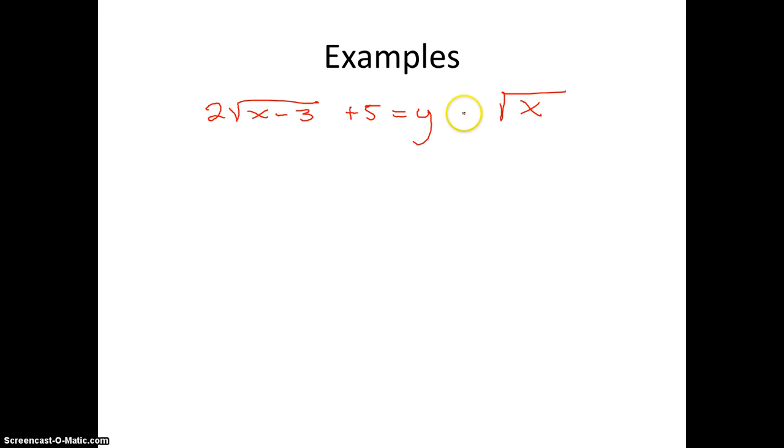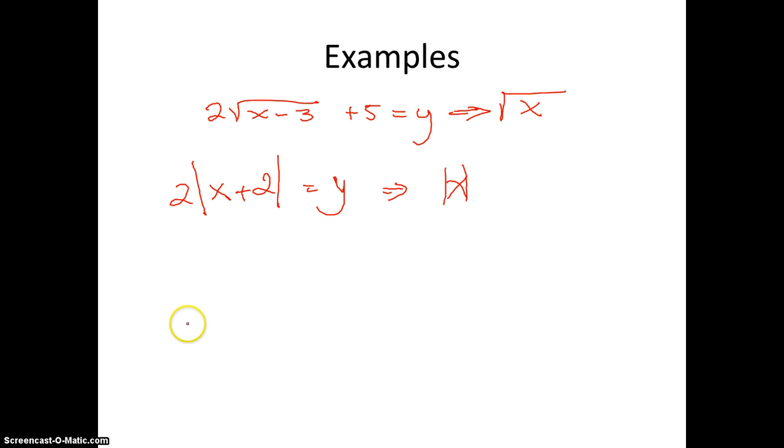Well, then the parent function is square root of x. What's this parent function? Well, it's the only one that has vertical bars, right? Absolute value. Absolute value is its parent function. So you'll see stuff like that.